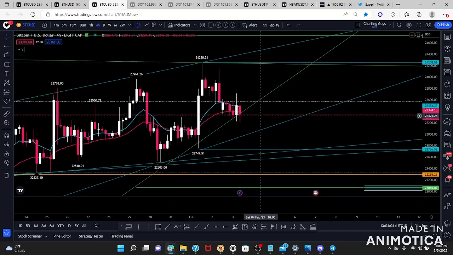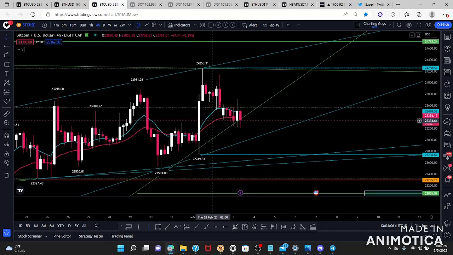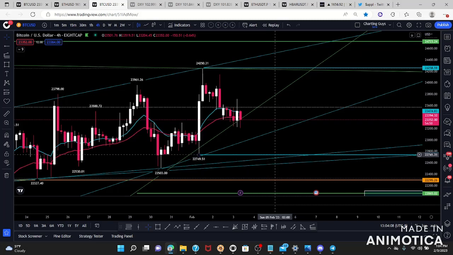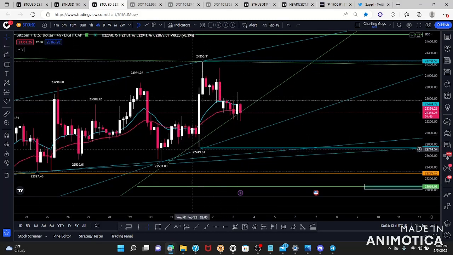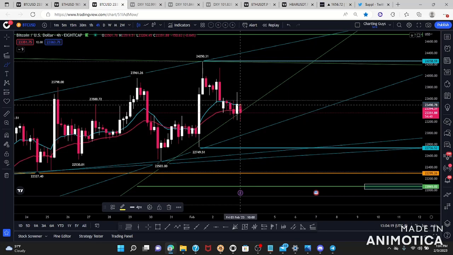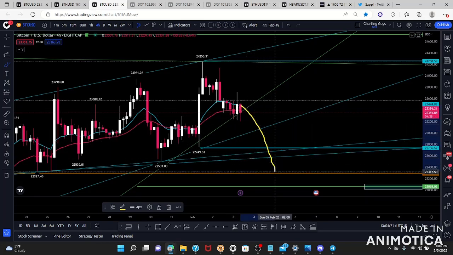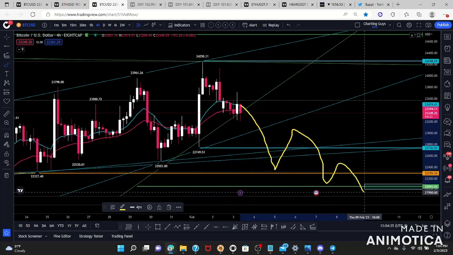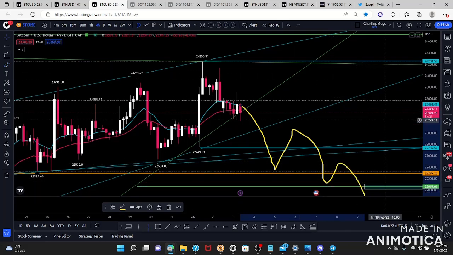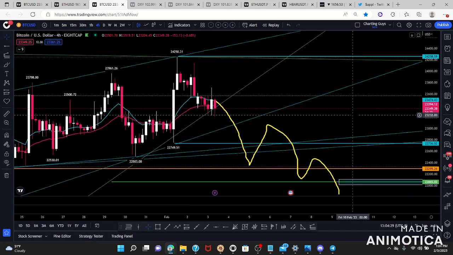So if we are about to cross down, I want to see again my 12 and my 26 EMAs cross to the downside, and I want to see a confirmation of my previous higher lows being broken. An example, I want to see this completely break to the downside, retest, and then continuation to the downside, right? That would give me a 4 hour swing trade position.